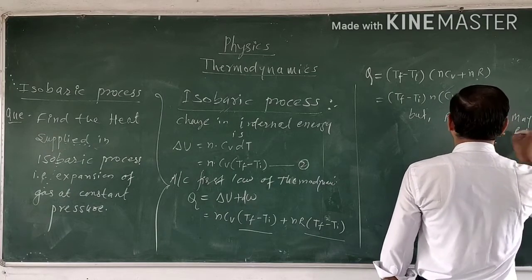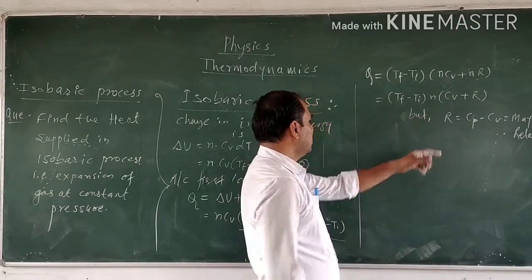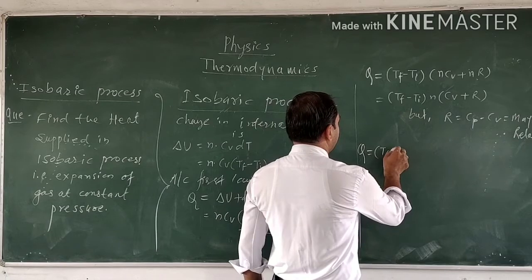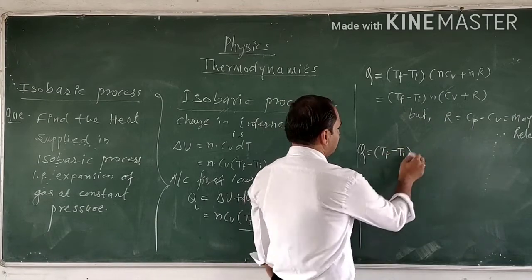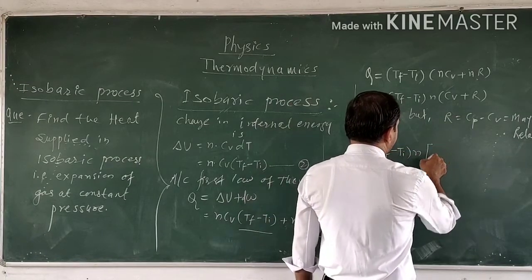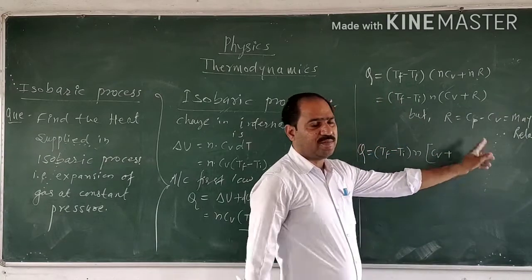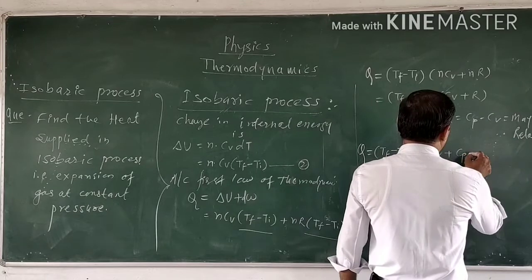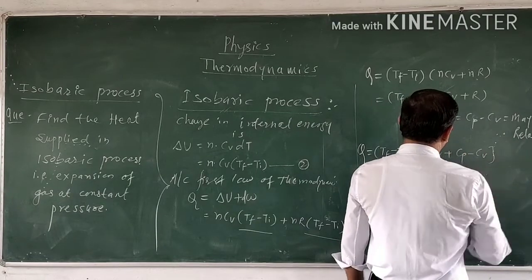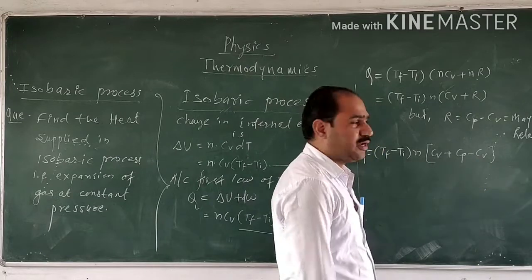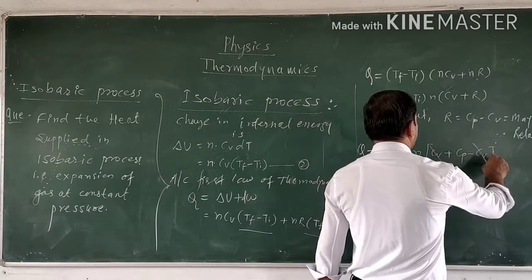So putting R equal to Cp minus Cv, Q is equal to (Tf minus Ti) n in bracket Cv plus Cp minus Cv. Here Cv is positive and the other Cv is negative, so they cancel.